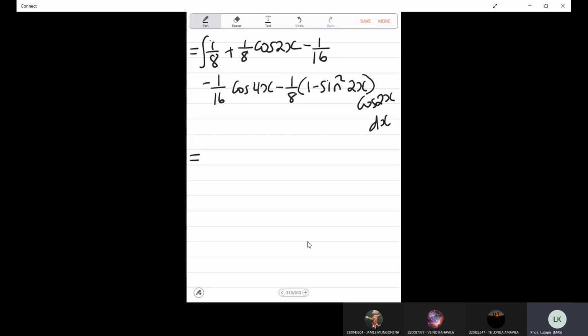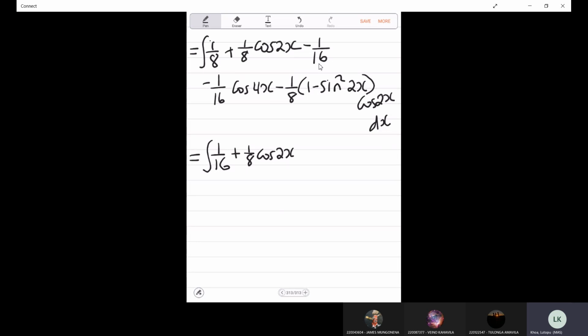So this is now the integral. You can see I have 1 over 8 and minus 1 over 16. I can combine those to get 1 over 16. Then 1 over 8 cos 2x.